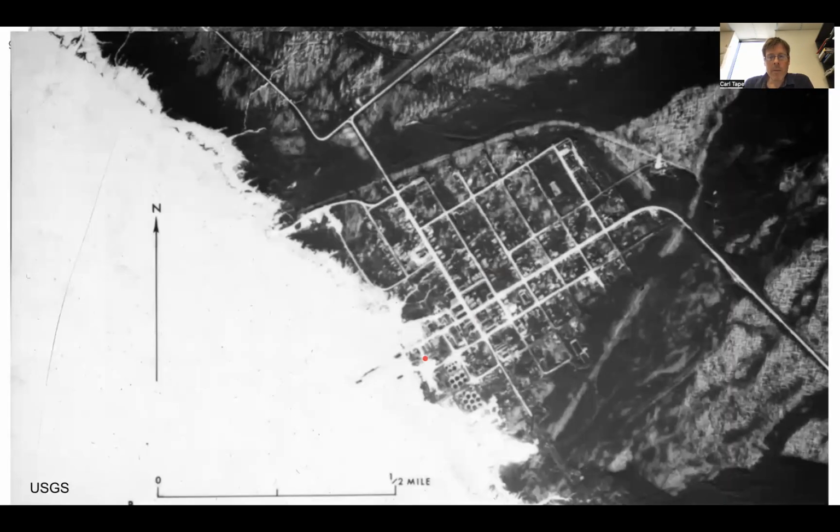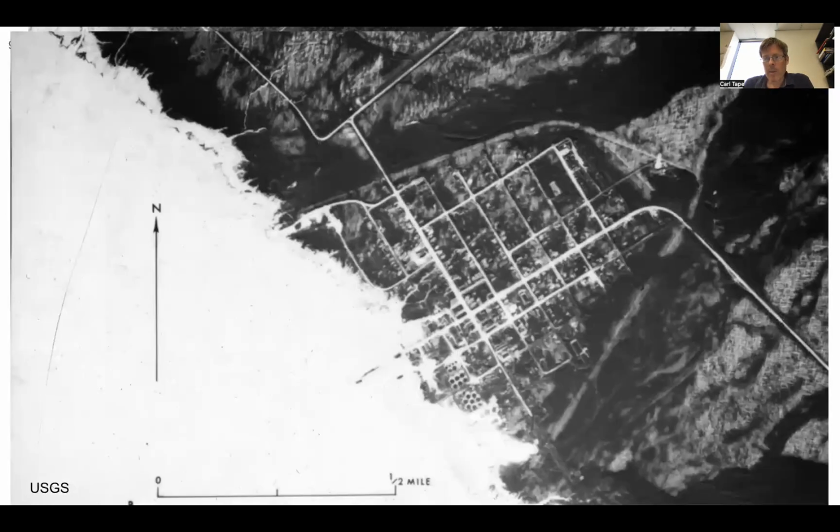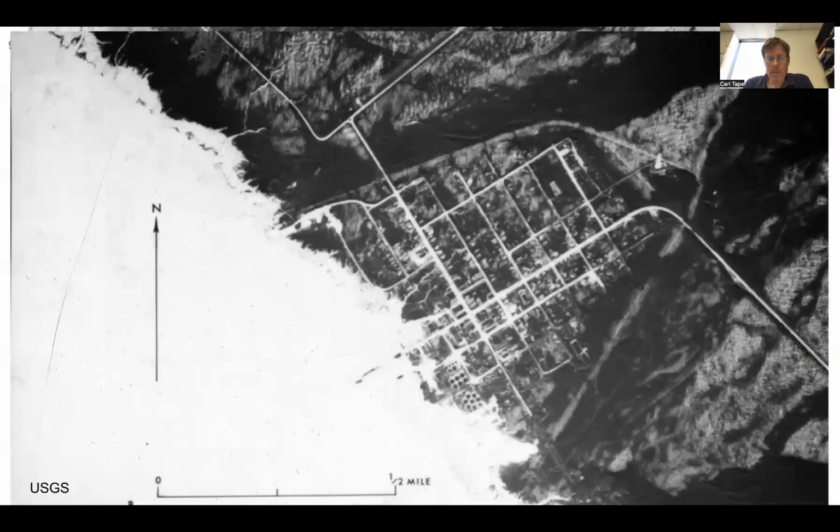This shows before and after the 1964 earthquake, and you can see all kinds of missing pieces there. You can see these oil tanks here are still there after the earthquake, but much of the coast area, the docks are gone.